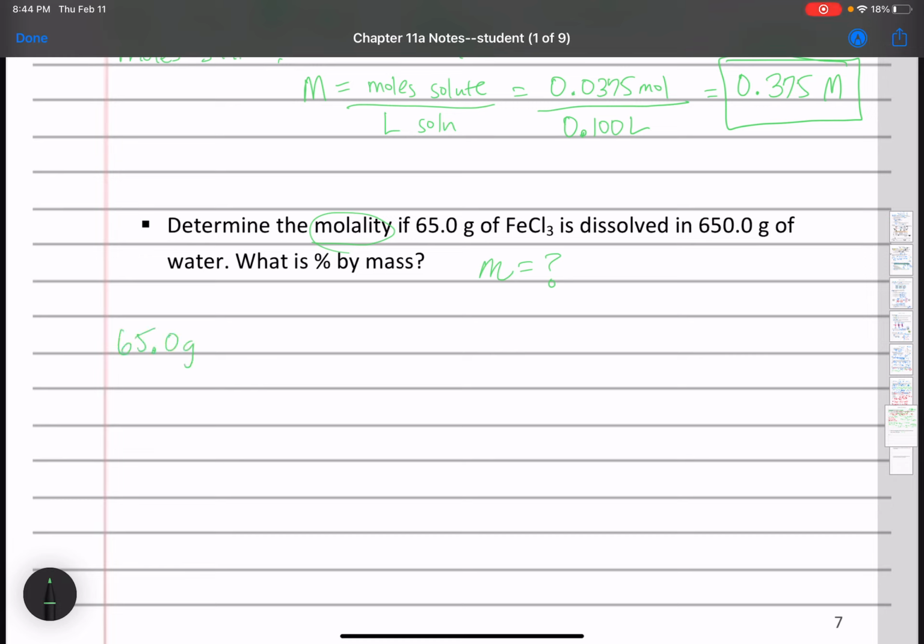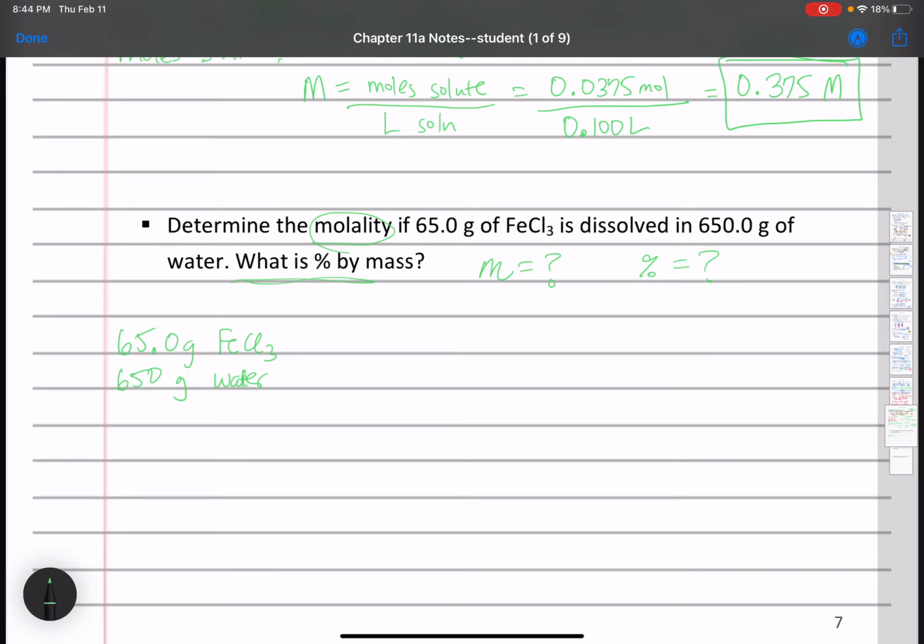I've got 65 grams of iron 3 chloride, and it's dissolved in 650 grams of water. And I also want to know what is the percent by mass.